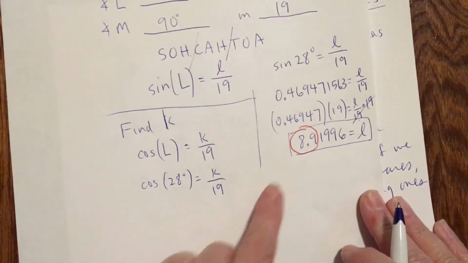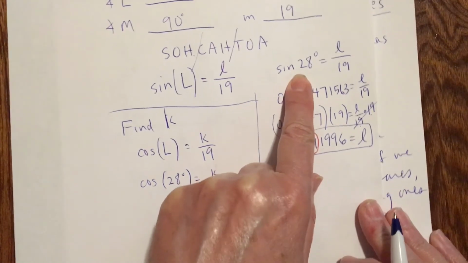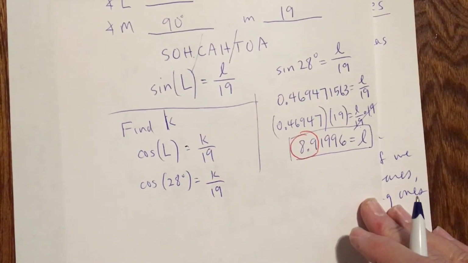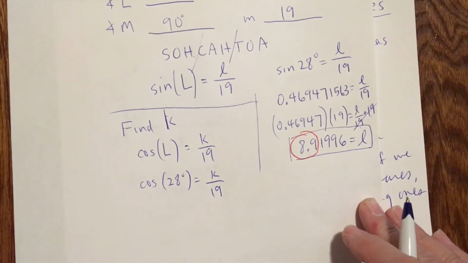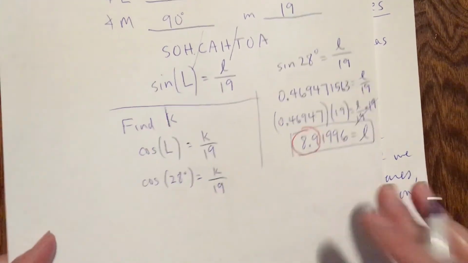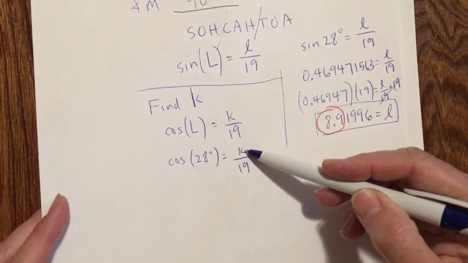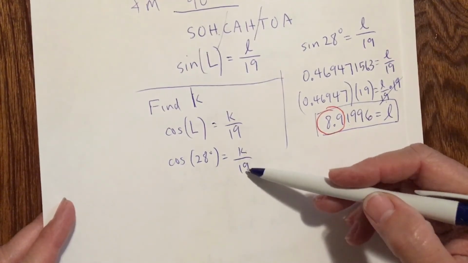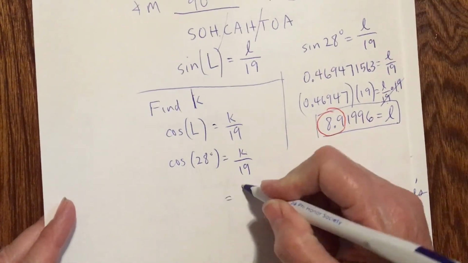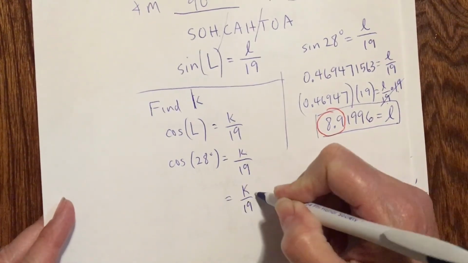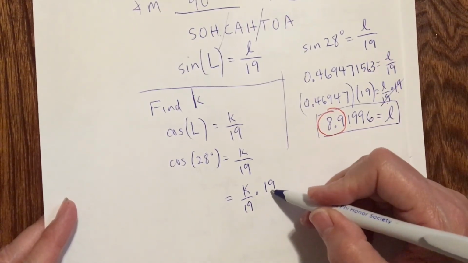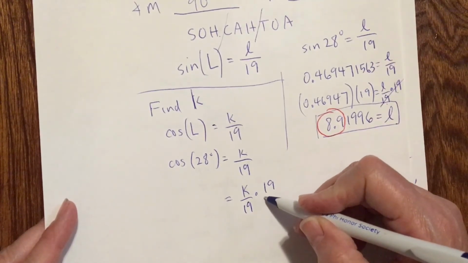Now, the last time I went ahead and typed this into my calculator and got the decimal. But you know, we could save that step and do it later. As I look at this, this is K divided by 19. The opposite of division is multiplication. So I'm going to multiply K over 19 by 19.